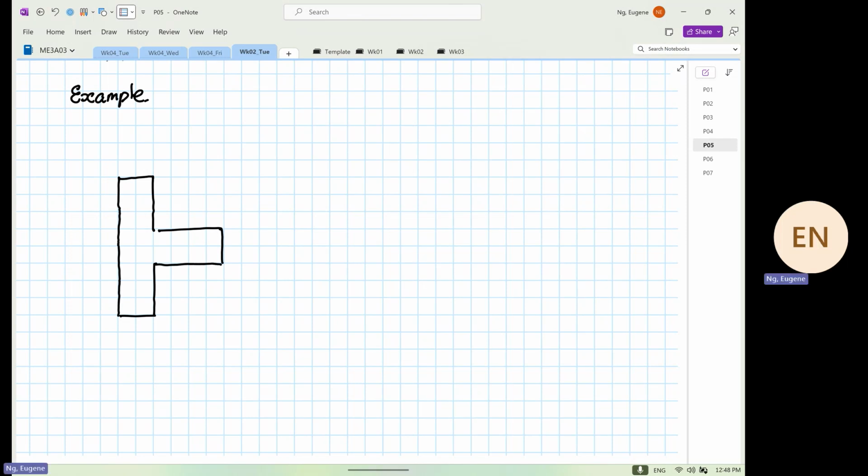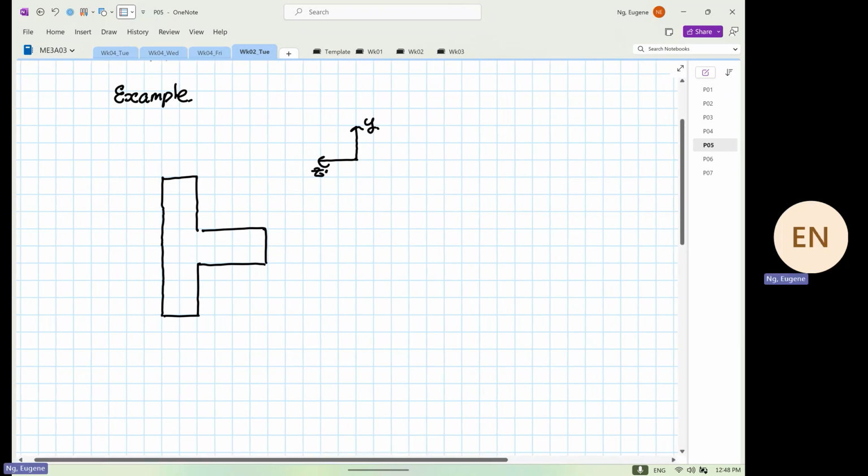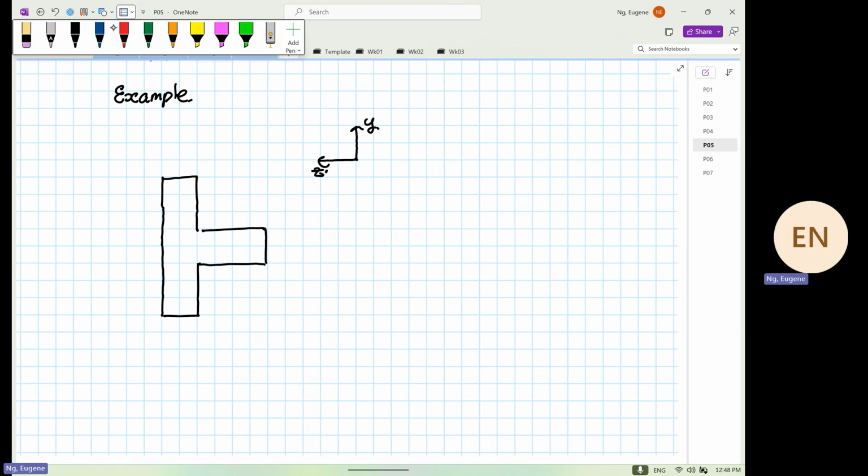So this is view. If we look at the axis, this is view. This is our point Y. And this is our point Z. And then we have a moment. Oh, let me write out the geometry.